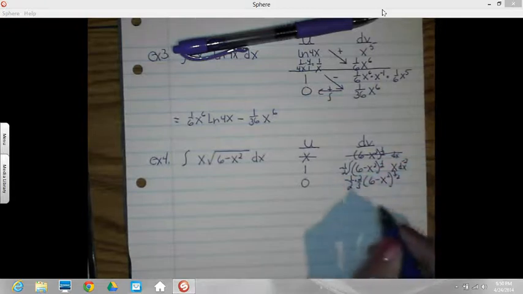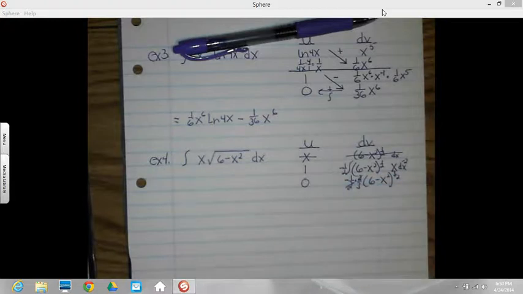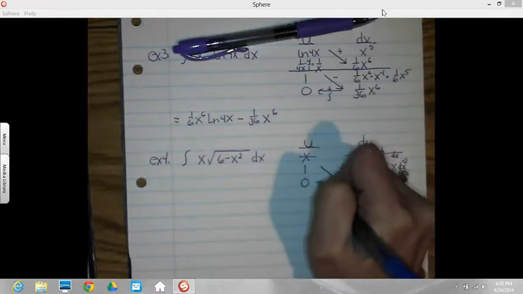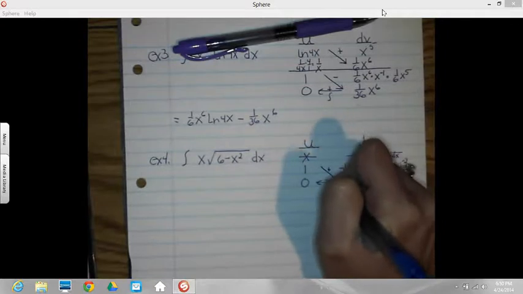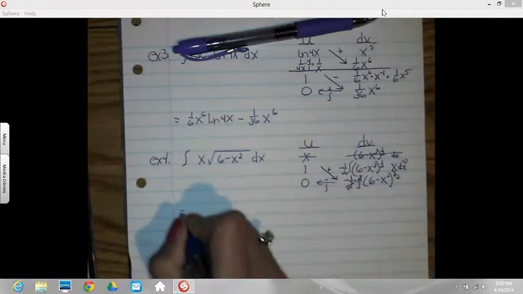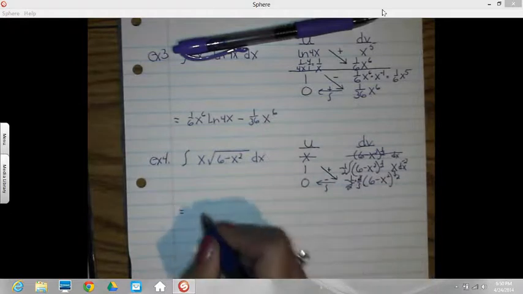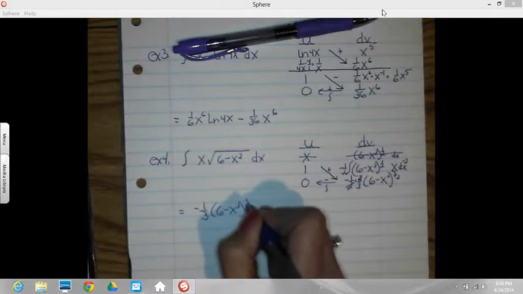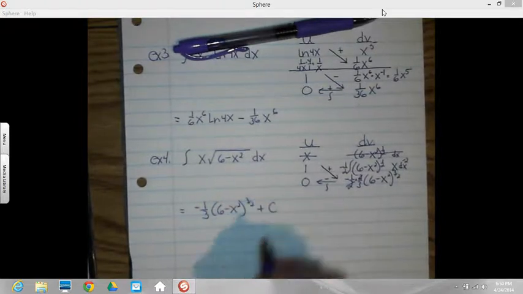And then simplifying here. So I have my diagonal and my horizontal. Positive, negative. So I will get -1/3 times 6 minus x squared to 3/2 plus c.